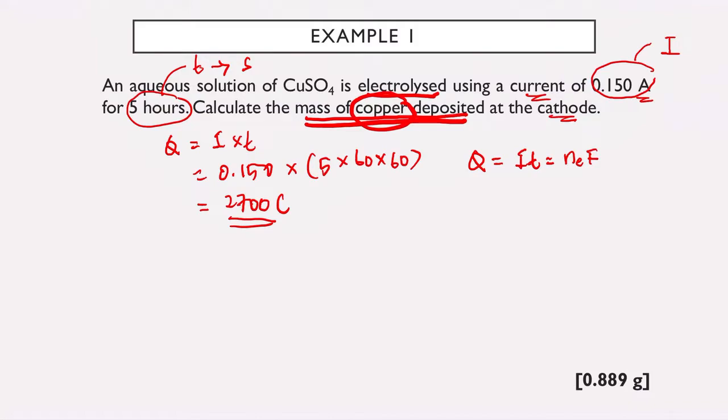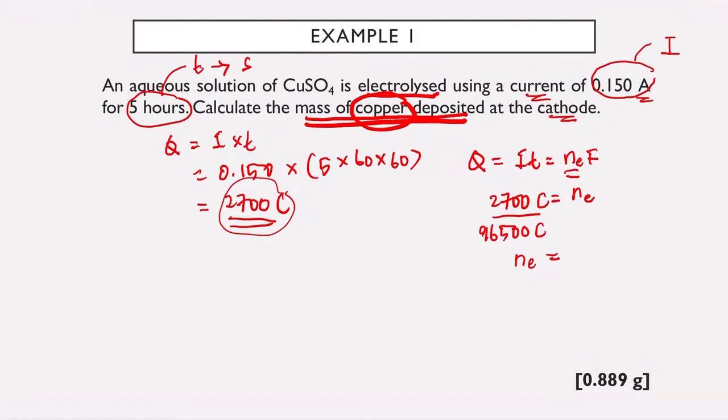So 2700 coulombs is equal to the number of electrons times 1 Faraday, and 1 Faraday is 96500 coulombs. From here we can find how many electrons are passed through.